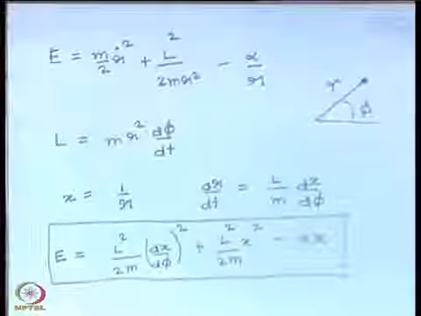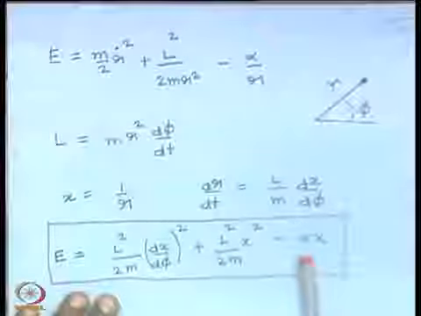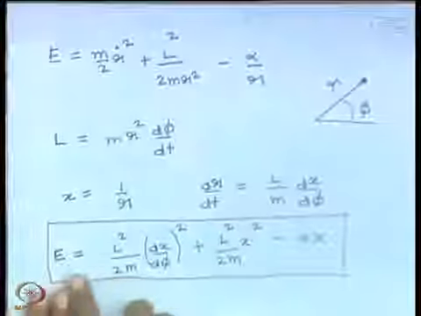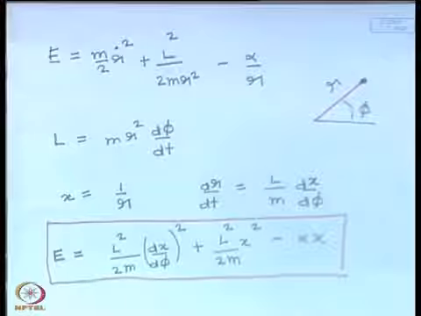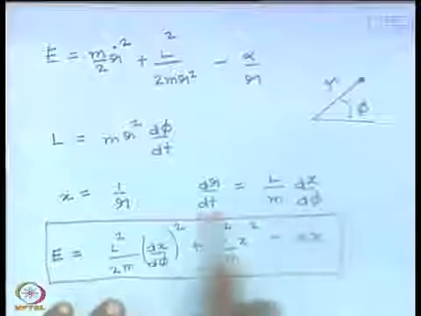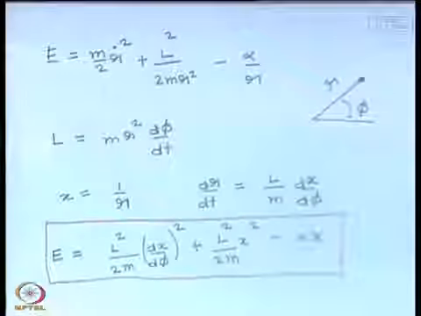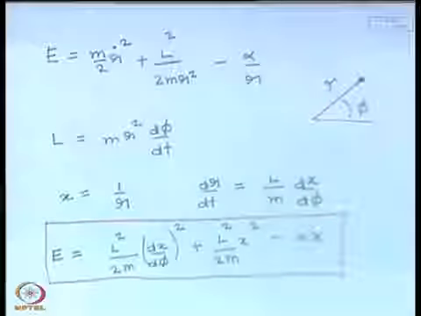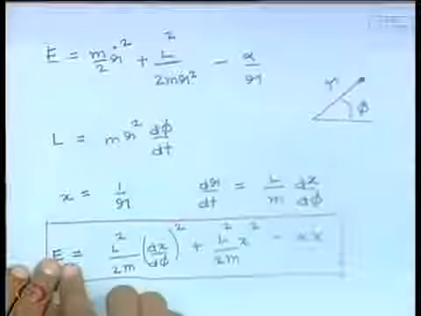In case you are interested in some other interaction, you have to just replace this term minus alpha x with something else. This is the final expression for x in terms of phi. You can see that solving this is quite straightforward. What we can do is take all the terms involving x onto one side, and we can take E.